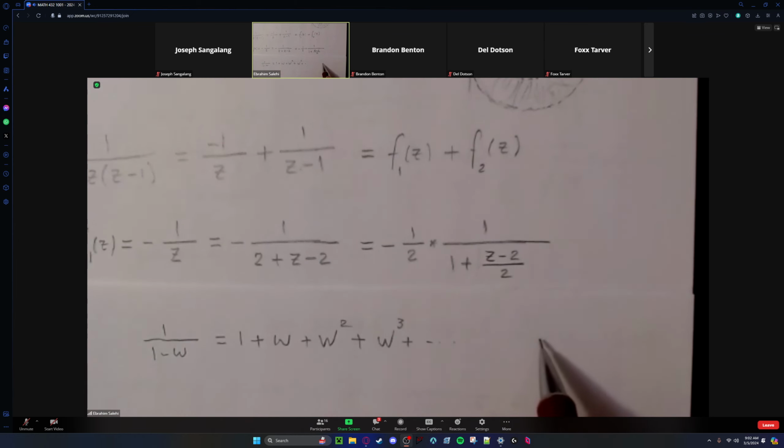Only when modulus of W is less than 1. Remember this one.